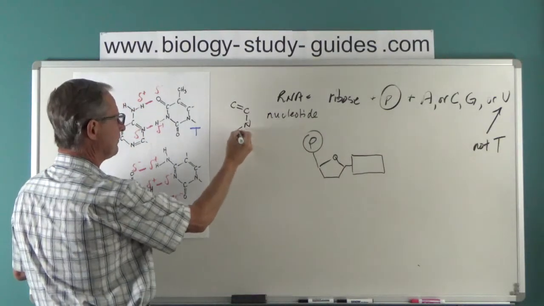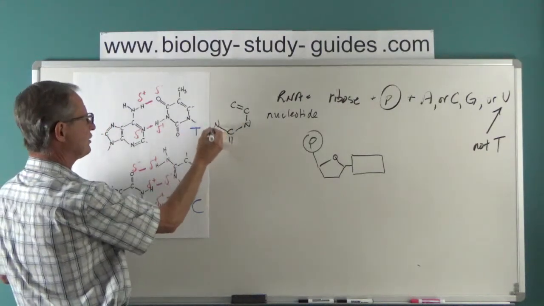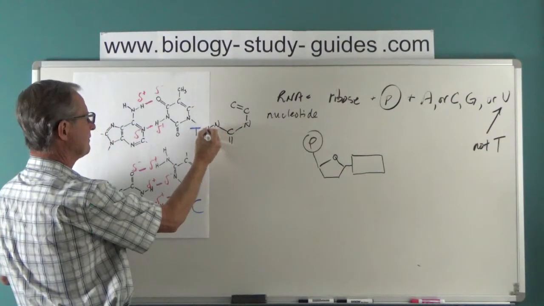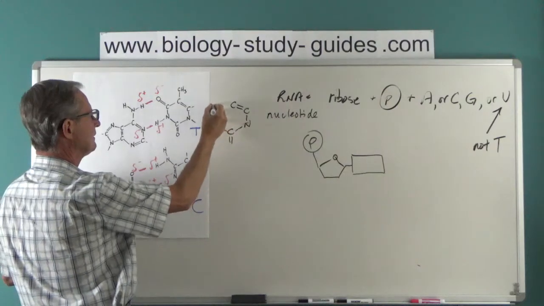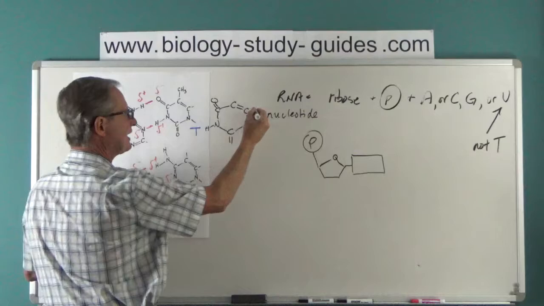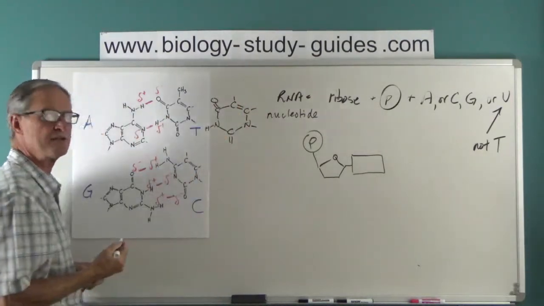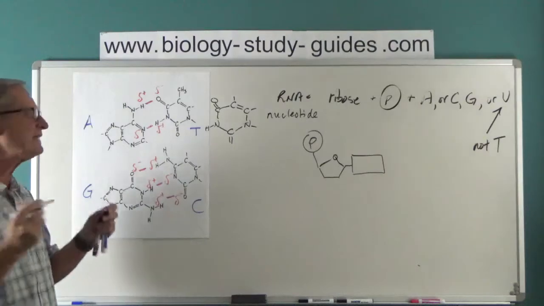Nitrogen bonded to a carbon. See, I'm just copying that molecule right now. But I didn't copy exactly all of it, did I? The CH3 group isn't there. That's the only difference.